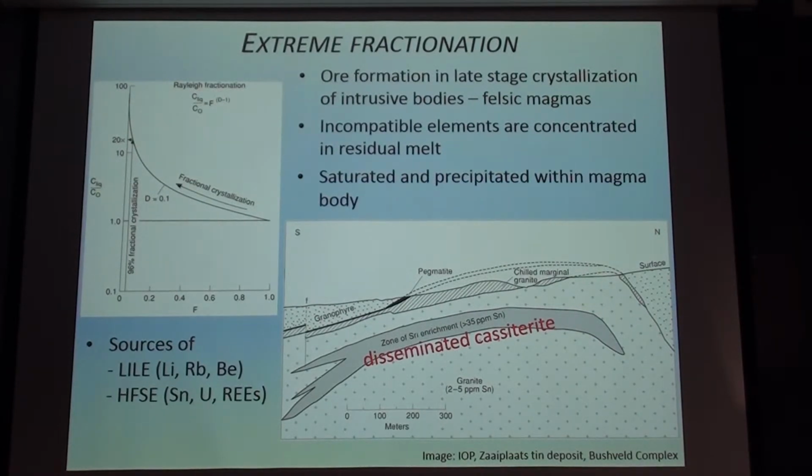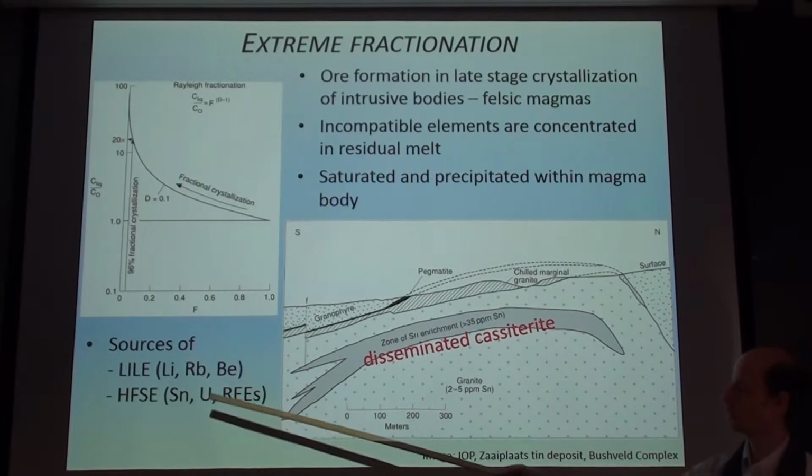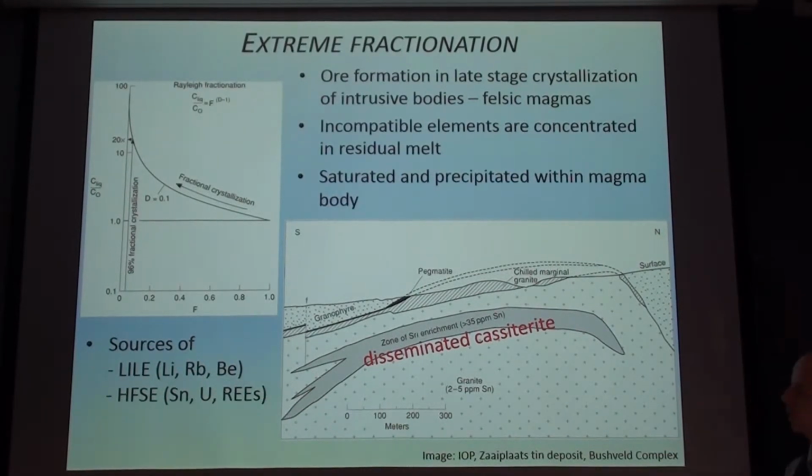And these usually host metals that don't like to go into normal silicate phases, like lithium, rubidium, beryllium, tin, uranium, and rare earth elements. You all know what rare earths are.